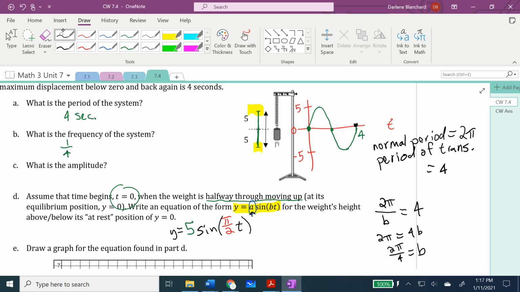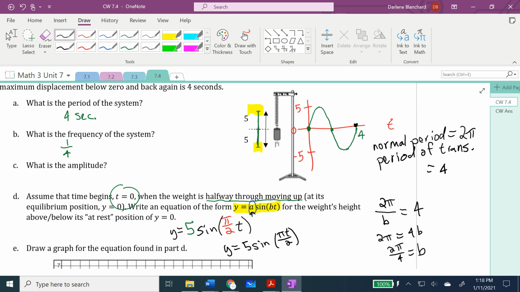Another correct way to write this that means the same thing is sometimes people will write pi t over 2. And it means exactly the same thing.